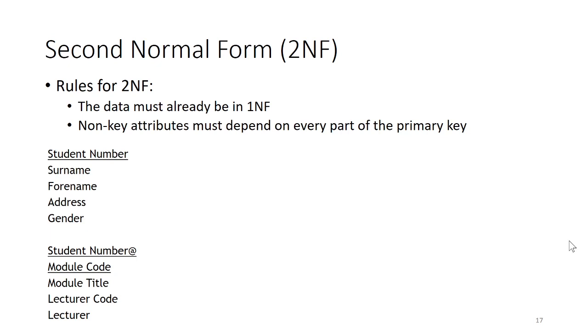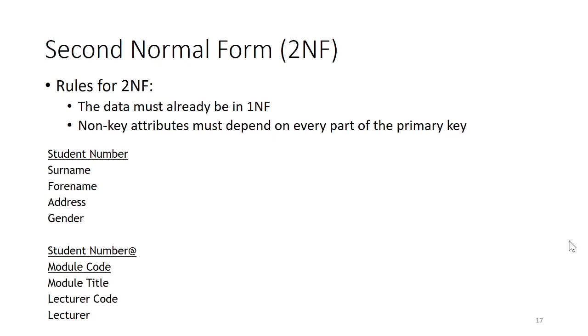Okay, so for instance, for this example, can you tell me which attribute is not dependent on the primary key? If you look at this part, gender, address, forename, and surname, which are all non-key attributes, are dependent on student number.